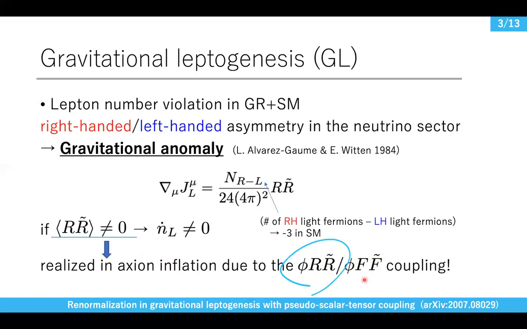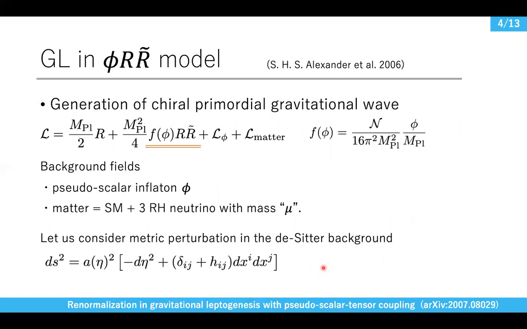In this work, we are focusing on this phi R R-dual coupling. Compared to the phi F F-dual case, chiral gravitational waves are directly generated in this model. So we can say that this phi R R-dual model is a minimal setup for gravitational leptogenesis.